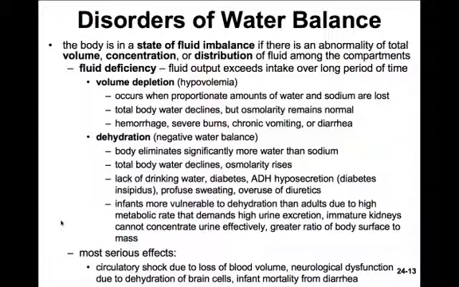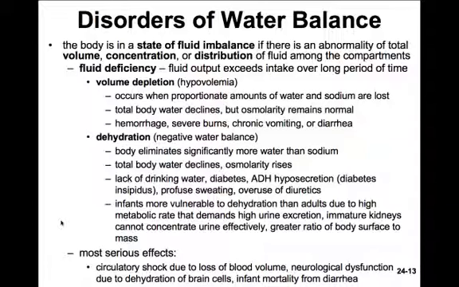Infants are far more vulnerable to dehydration because they have such a high metabolic rate and they have high demand for urine excretion in order to get rid of these wastes. They also have immature kidneys that can't concentrate urine as effectively as the adult kidney. And they have a greater ratio of body surface area to mass, so they'll lose more water through transpiration.